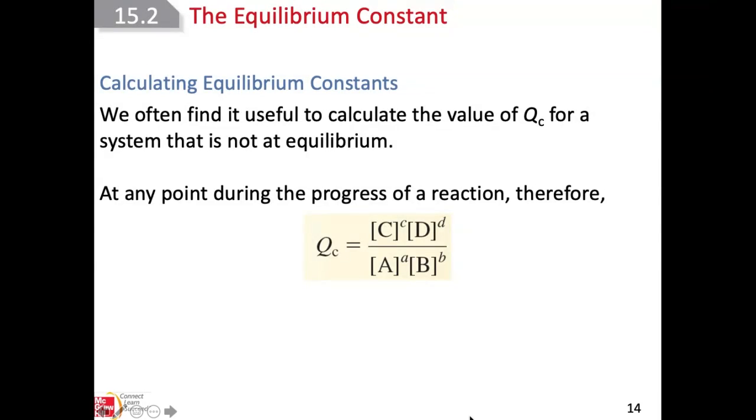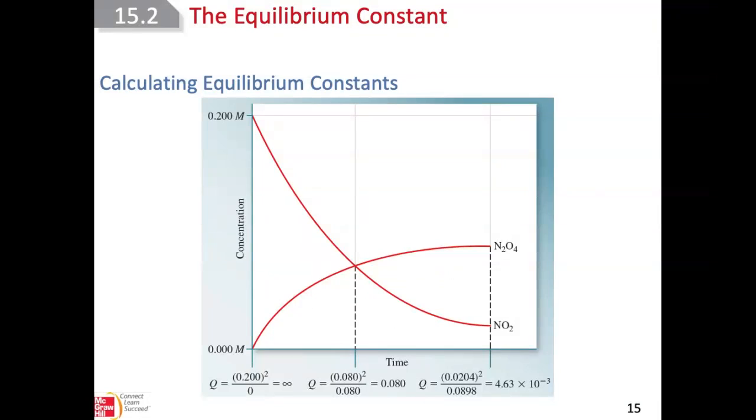So this is the Qc. The Qc, we calculate for a system which is not at equilibrium, at any point during the reaction. It is very important to know the Qc, because once you know the Qc and Kc, we can see how far away the reaction is from equilibrium, which we will talk about later.